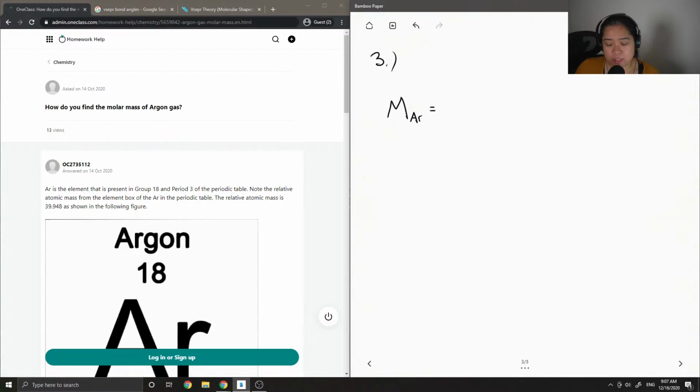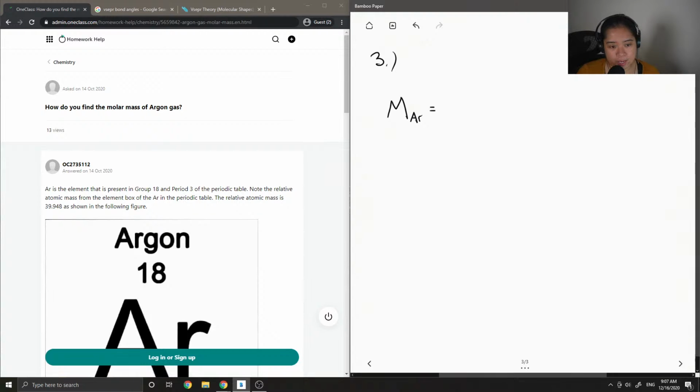The main ones are the atomic number, which gives you the number of protons, and the atomic mass number, which is what we're looking for. So if we look at our periodic table, we'll see that argon has a molar mass of 39.95 grams per mole.